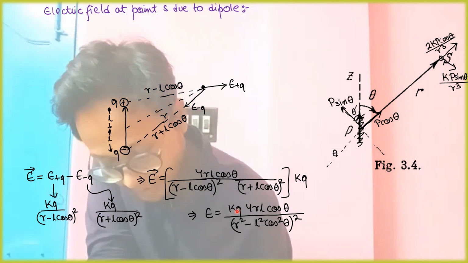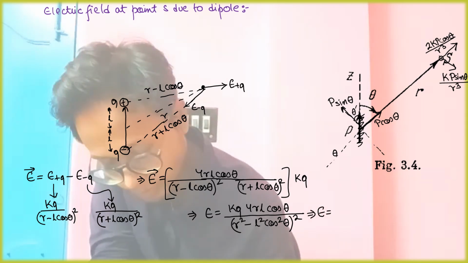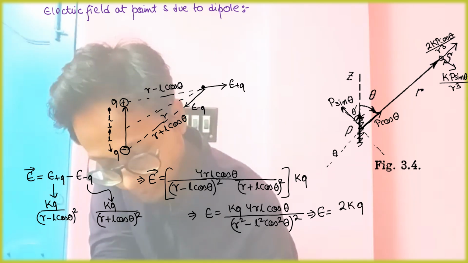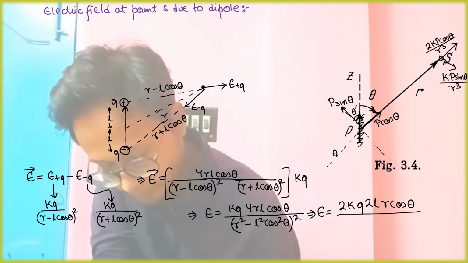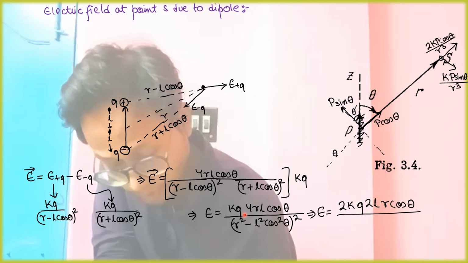So if I see KQ into 4L, this can be written as E is equal to 2K into Q into 2L into R cos theta. I just rearrange these terms. 4 is divided into 2 into 2. One of the two I wrote outside and the other two outside.